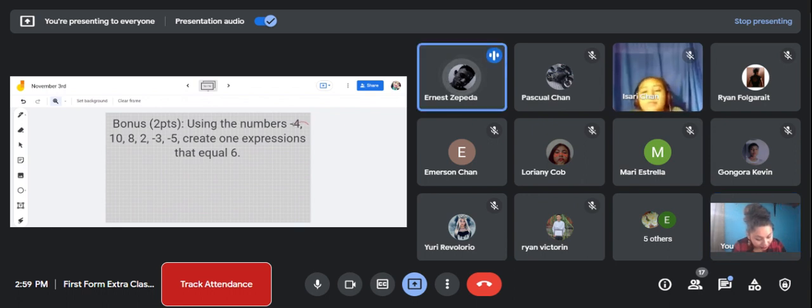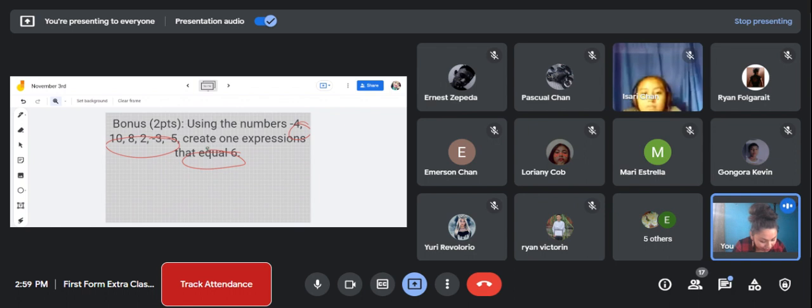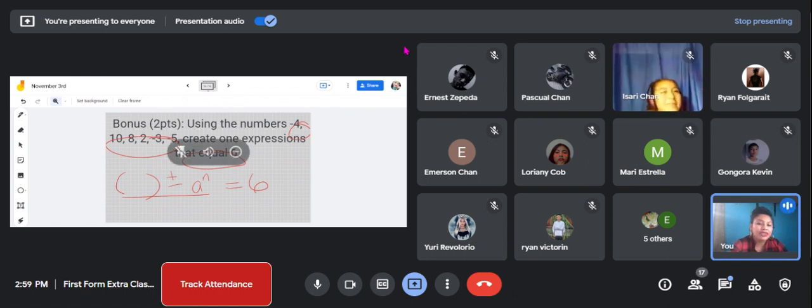You can use any equation. You can use brackets, negative and positive numbers, and powers. You have to be creative and think outside of the box if you want to solve this question.